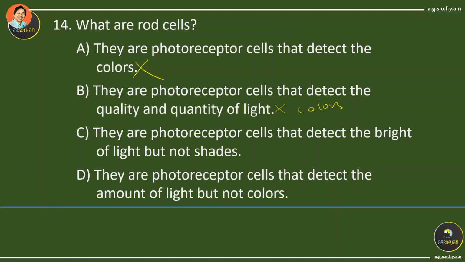They are photoreceptors that detect the brightness of the light but no shade. They are photoreceptors that detect the amount of light but no color. So remember, this is the key answer over here: no color, as the function of the rod photoreceptor to see objects, black and white objects.